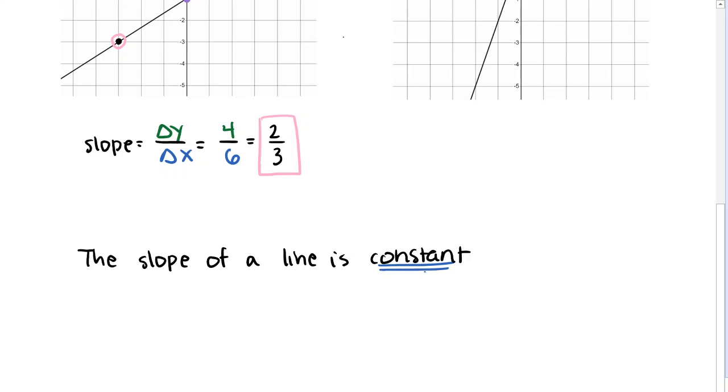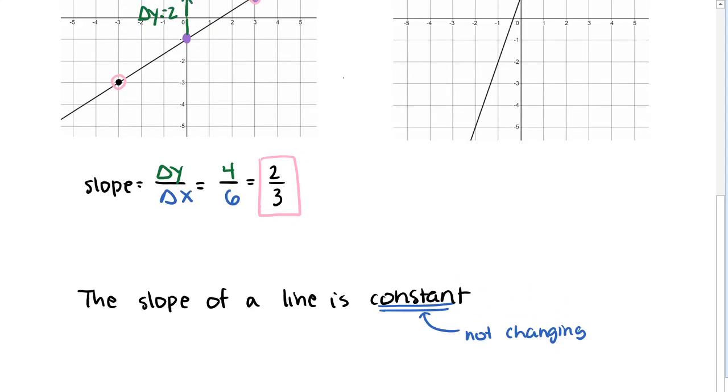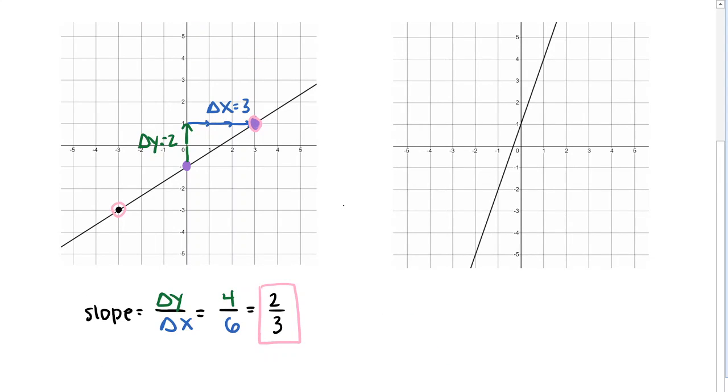This word is just saying that it's not changing. It doesn't matter what 2 points we pick on our line, we're going to get the same slope every time. If it's a straight line, that's what we mean when we say line in mathematics, is we're referring to a straight line. So the slope of a line is constant. Any 2 points we use will get the same slope.